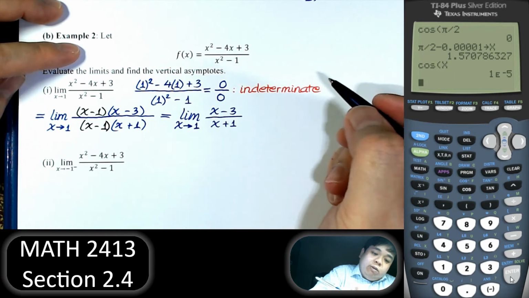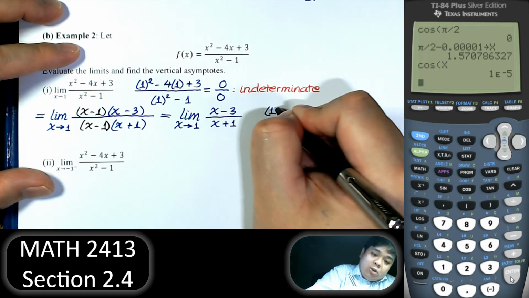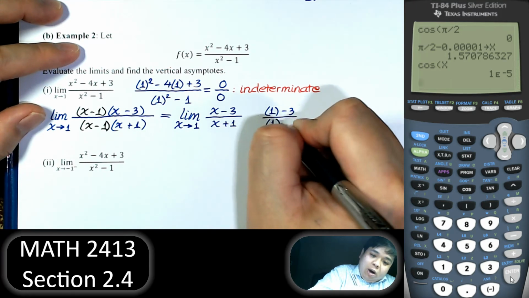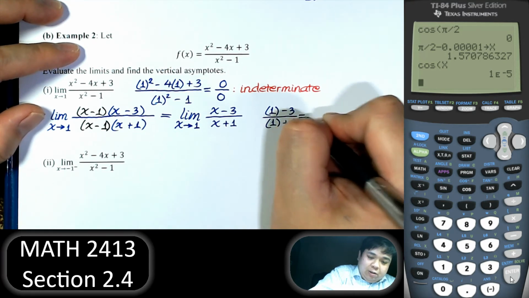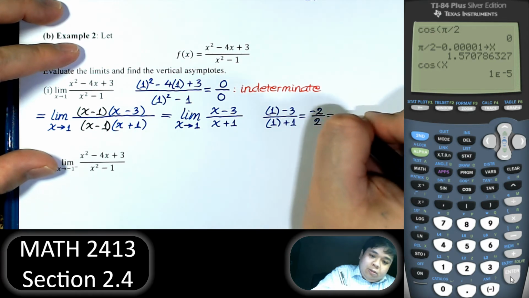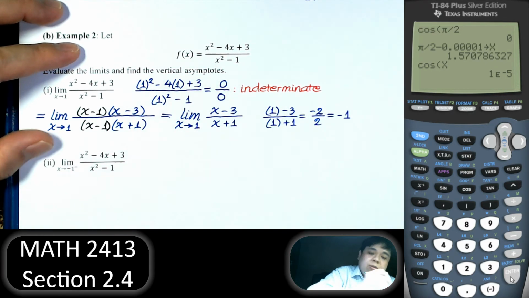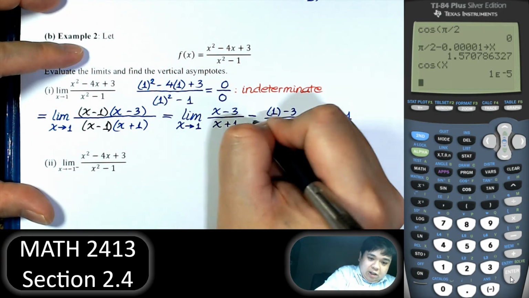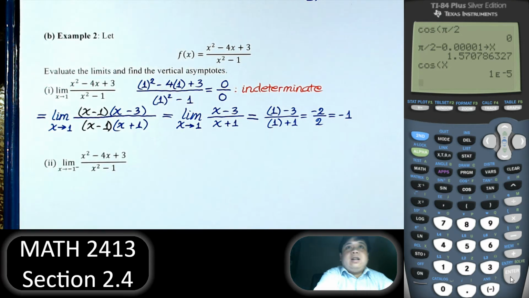Now put 1 in for x and see what happened. 1 minus 3 over 1 plus 1. It is minus 1. So it is a defined number, so we make the limit equal to that.